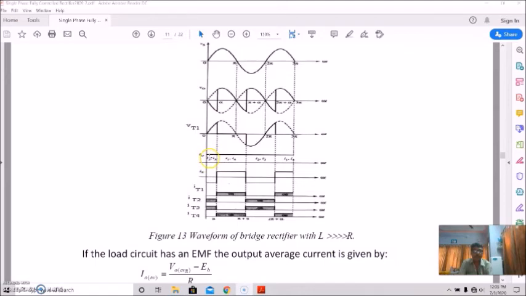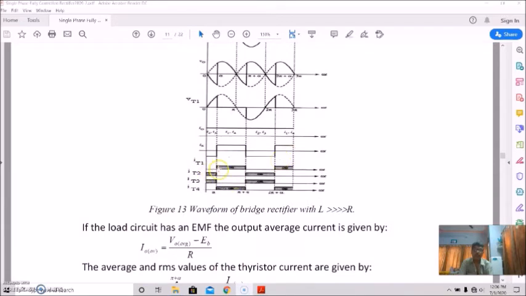This is the current due to SCR2 and SCR3, this is for SCR1 and SCR4, again this is for 2 and 3, and again this is for 1 and 4. So this is the output current. This is the conduction profile of the current through thyristor 1, thyristor 2, thyristor 3, and again thyristor 4.